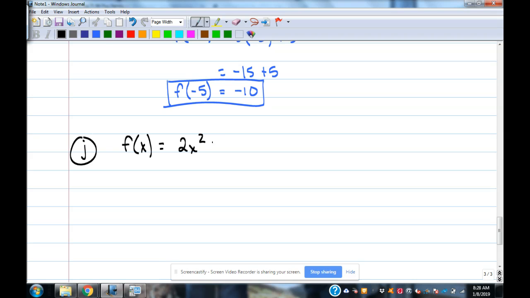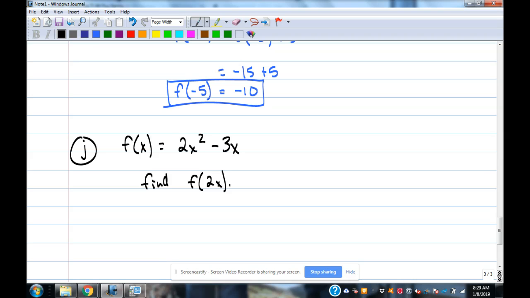2x squared minus 3x. And they want us to find f of 2x. Fancy. What's that mean we're doing?